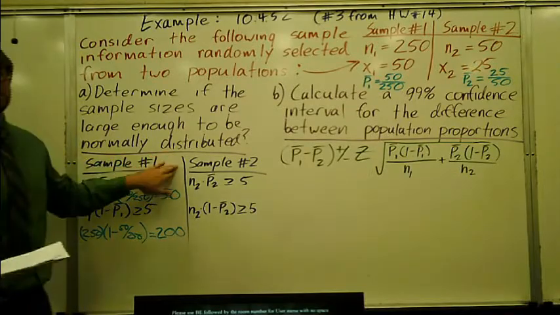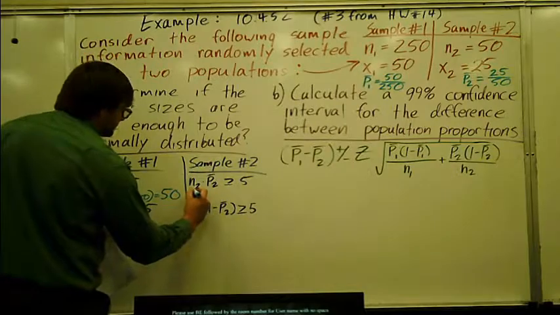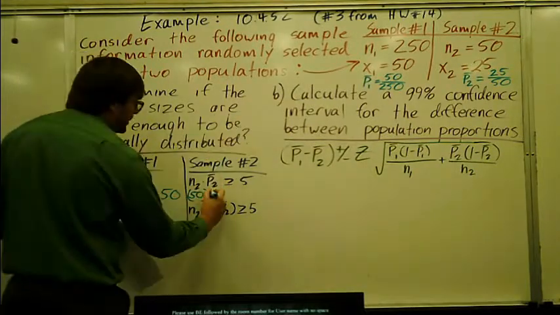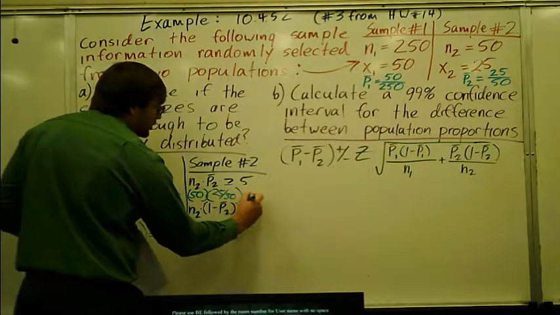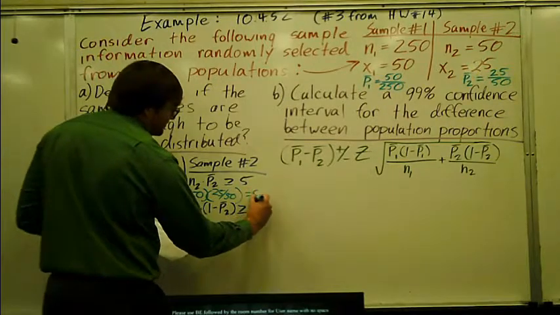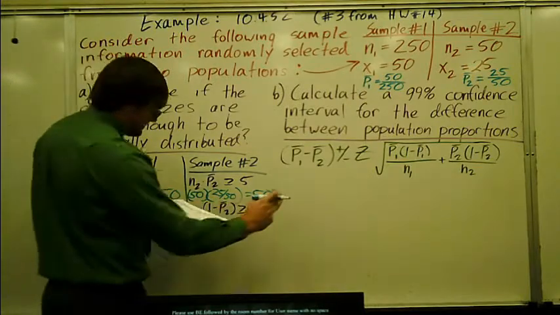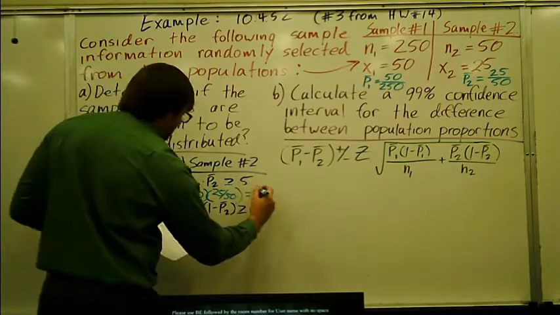Now we have to check sample size number 2. n2 is of course 50, and we have a sample proportion number 2 of 25 over 50. So n2 times p hat 2 is equal to 25. Sorry, I wrote it down wrong on my paper.